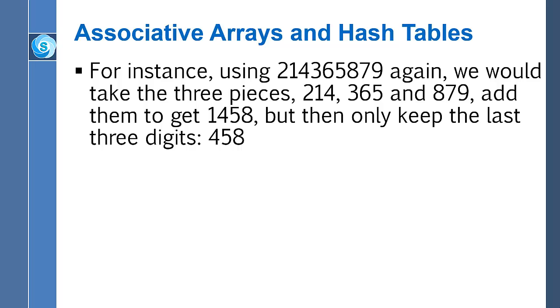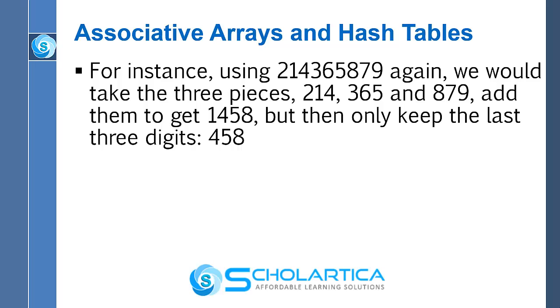If we took the first three digits, 214, the middle three digits, 365, and the last three digits, 879, and added those together, we'd get 458. And then reading that modulo 1000, in other words, just taking the last three digits, we'd get the index 458.